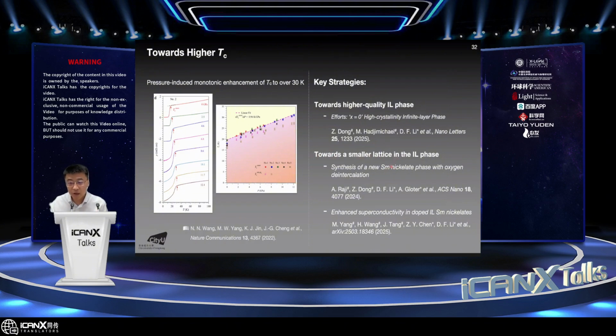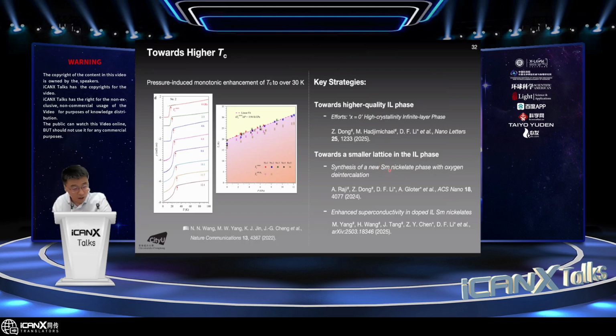Okay. So these efforts comprise two separate works. The first one is a synthesis of a new samarium nickelate phase with oxygen deintercalation. So this was to go to a smaller lattice system by introducing a smaller ion, samarium ions, into the system.